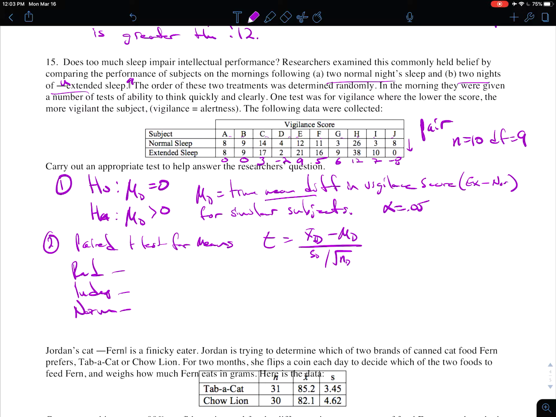So random assignment, which was stated but could have been assumed.